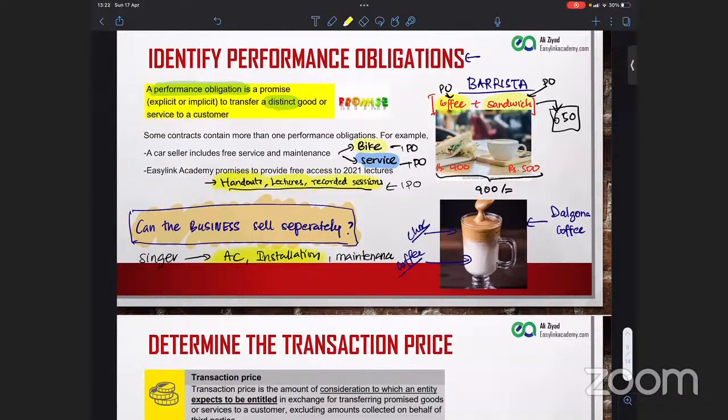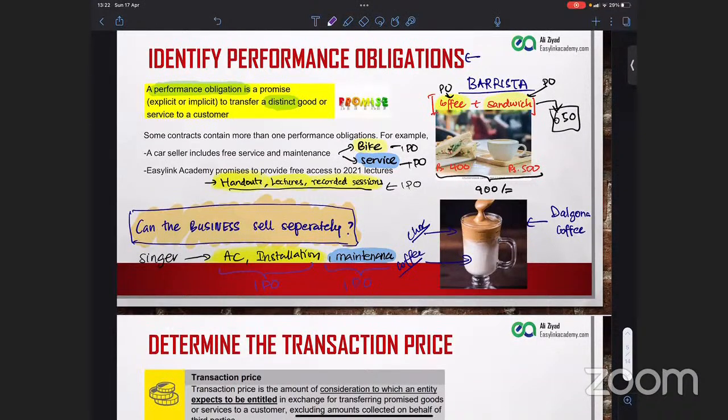However, if you have bought some other AC, and you go to their repairing division, can they repair it? They are technicians. Yes, they can. So that means here, AC and installation is one performance obligation. Maintenance is another performance obligation.